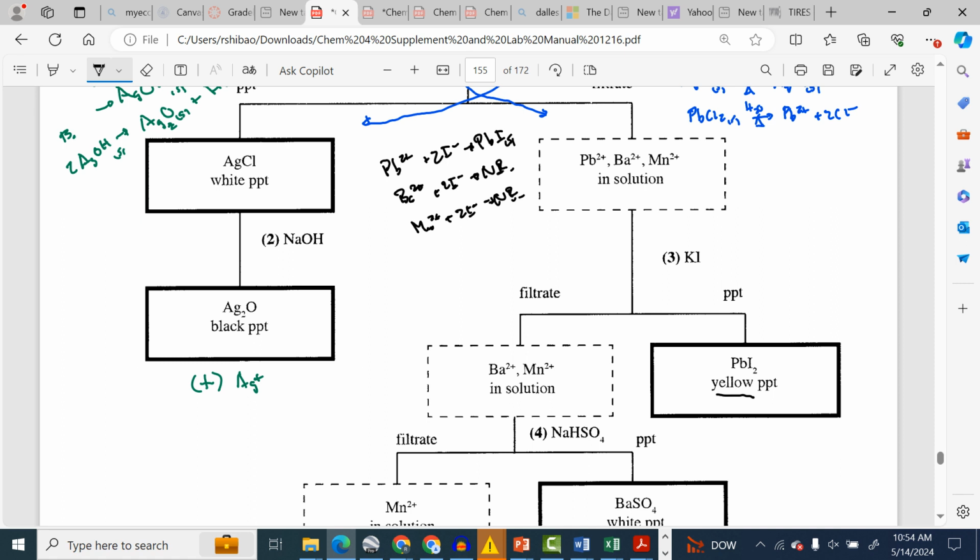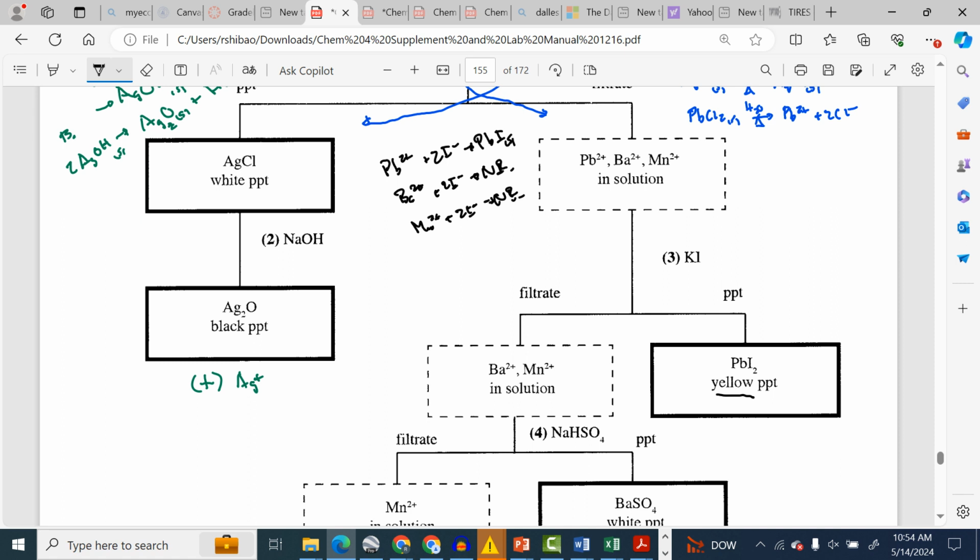But the same thing here. This precipitate is contaminated with supernatant solution or filtrate solution. So what we need to do is wash it. The first wash goes here. The second and third wash we discard. But do we need to wash this? No. Second or third time, we don't need to wash this. We just need to wash this the first time so that we don't lose any supernatant, because we're not doing any subsequent reactions with this.